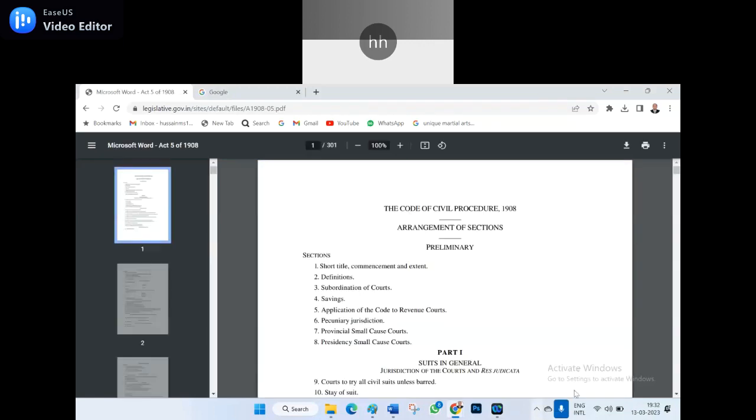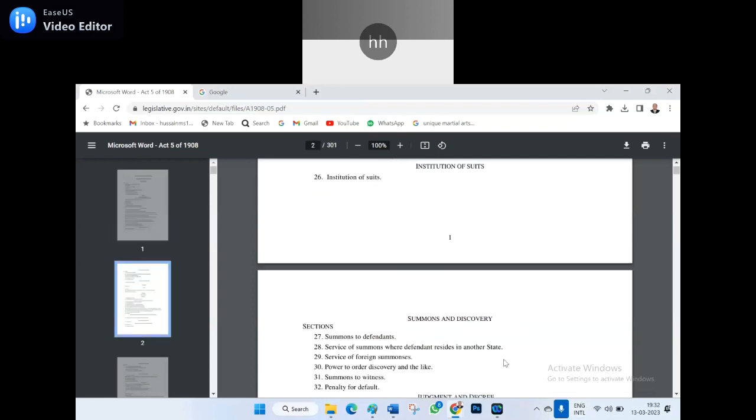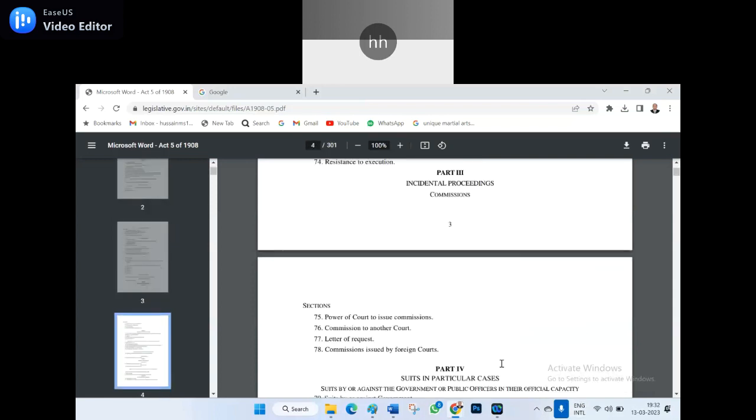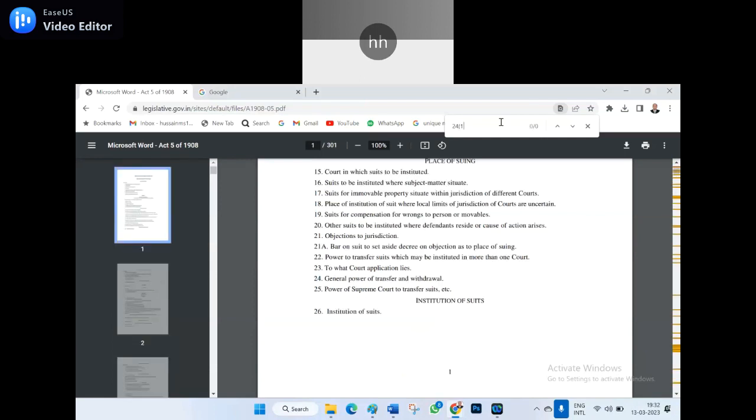So now, Section 24, subsection, we want it. In 24, it says the general power of transfer and withdrawal. They said that, but whether 3, 4, 5 is there or not, I am doubtful. So how do you make it out? Instead of using Control F, if we go directly to 24, even clause 1, let us see, so that we can make it out easily.